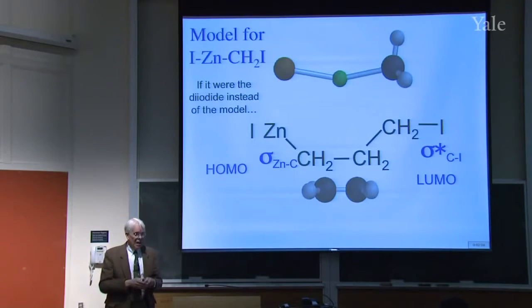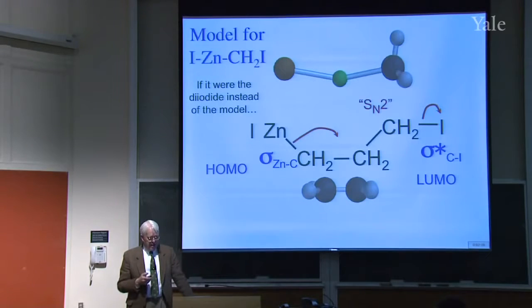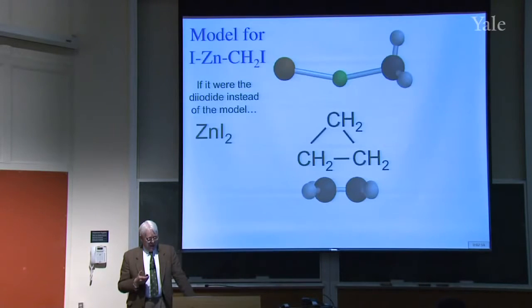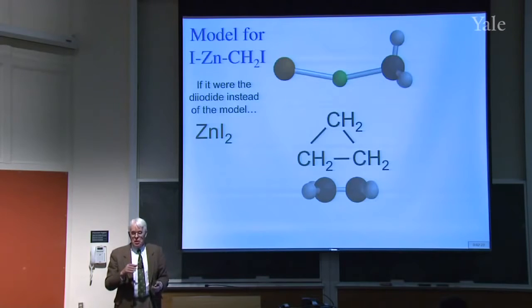SN2, right? A backside attack by the high HOMO. So we can have the HOMO attack the carbon, right? The iodide is the leaving group, right? And that then would form the double bond, the three-membered ring. Okay? So that's a very plausible mechanism. It has two steps.